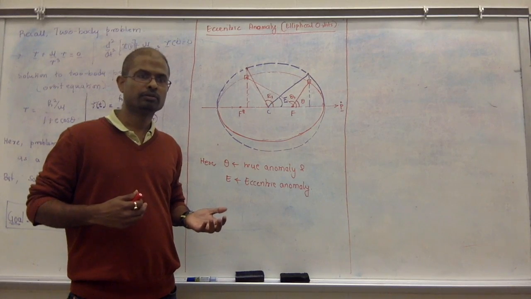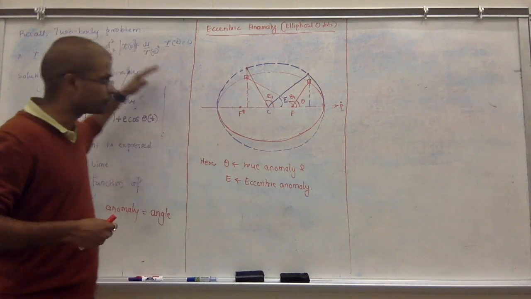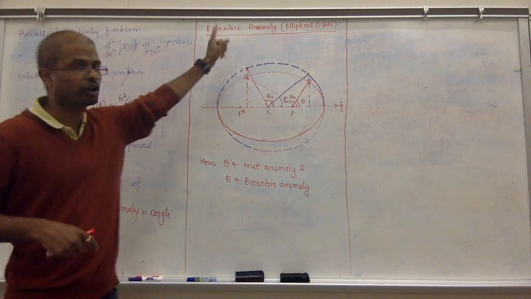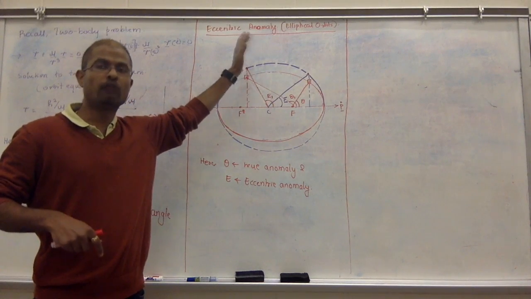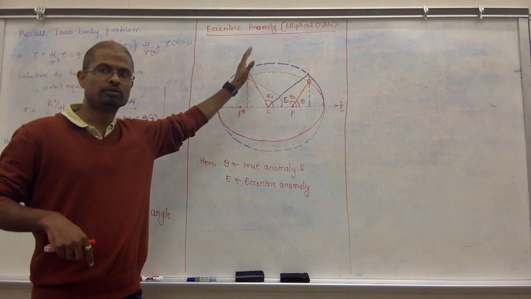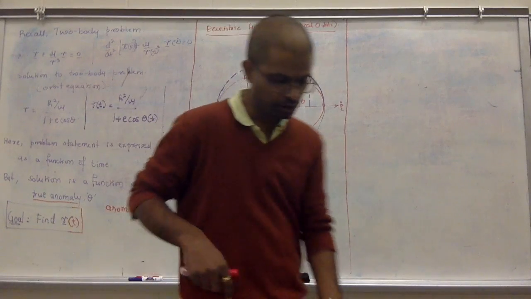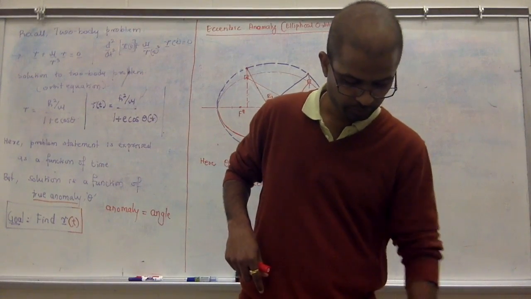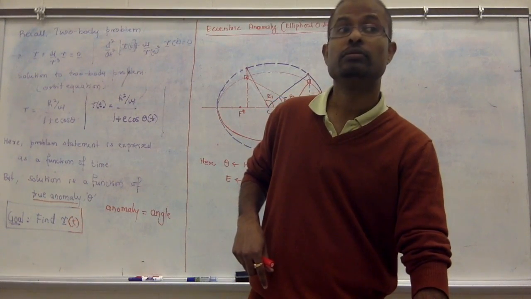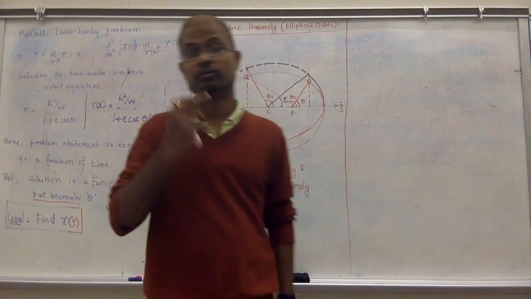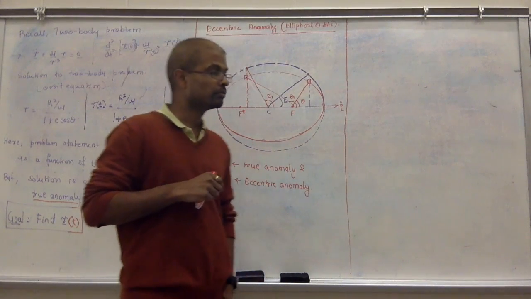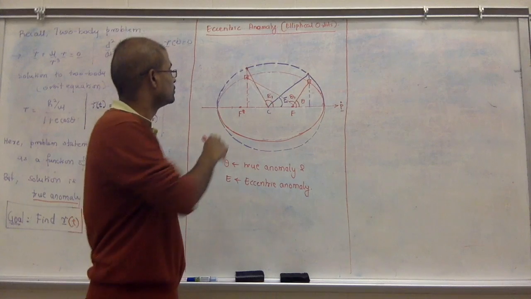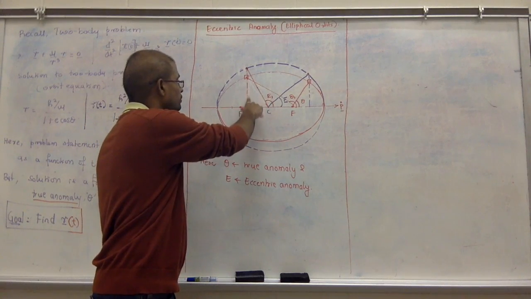You get it? And that is the reason we have introduced this eccentric anomaly. I'll get to how we use it. Doesn't it have something to do with the center point in the orbital body? True anomaly is from the focus to the orbiting body.